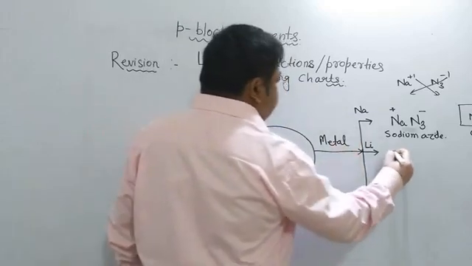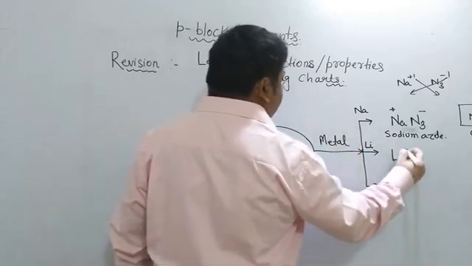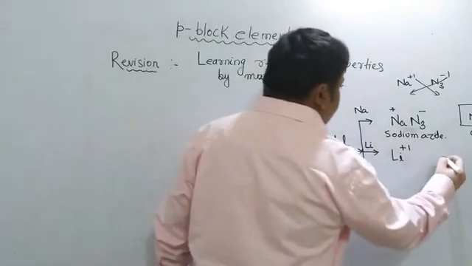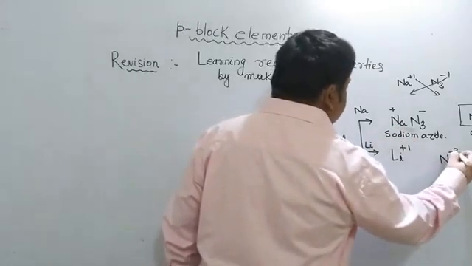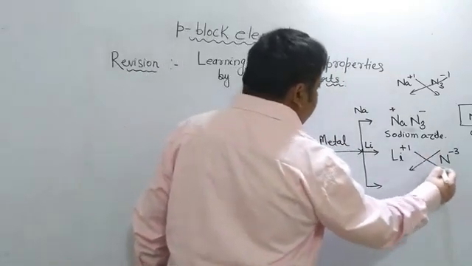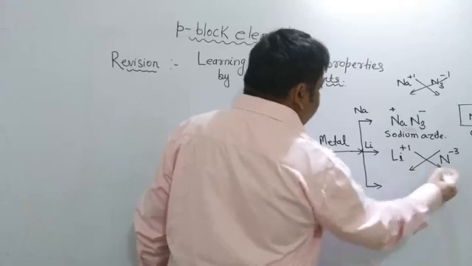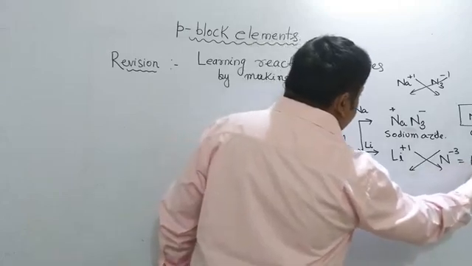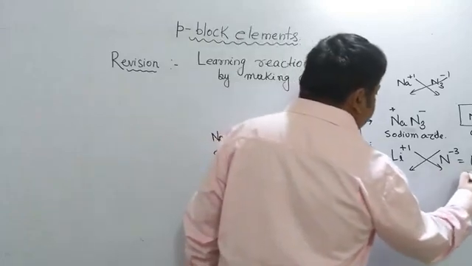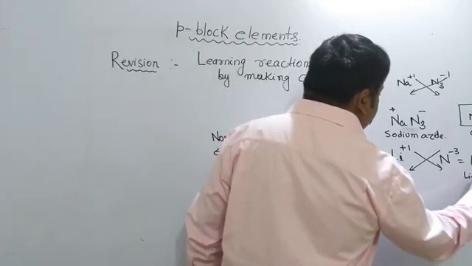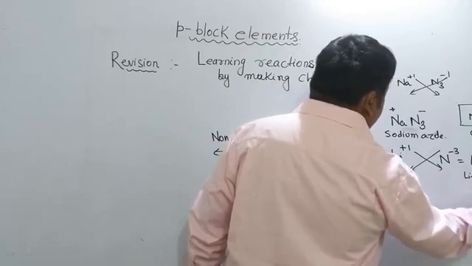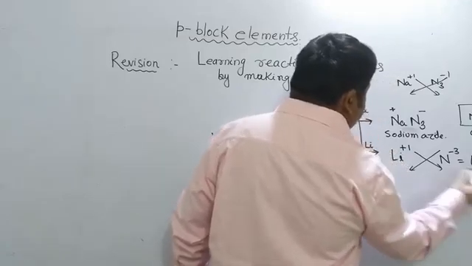Now the lithium ion has +1 charge and nitrogen has -3 charge. So the formula which we will write will be Li3N. So its name will be lithium nitride. It is not azide, it is nitride.